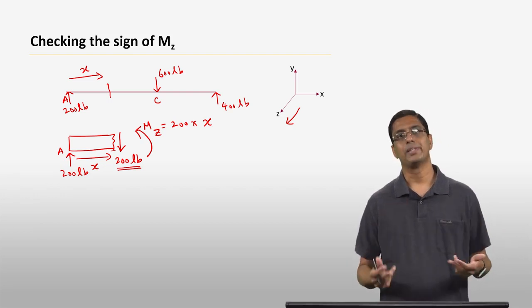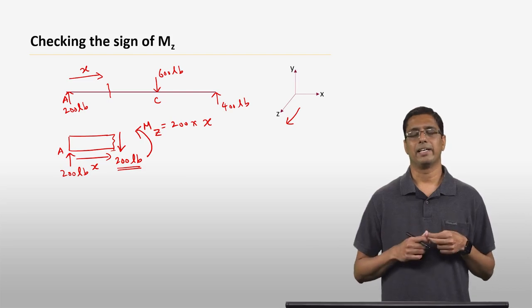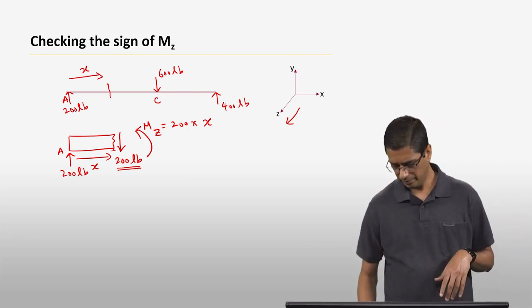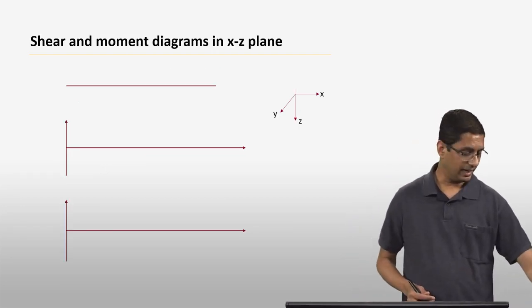Now we are going to do the same thing for the xz plane and see whether we can keep the moment diagram as it is or whether we will have to flip it. For that, first I'm going to construct the shear and moment diagrams in the xz plane.